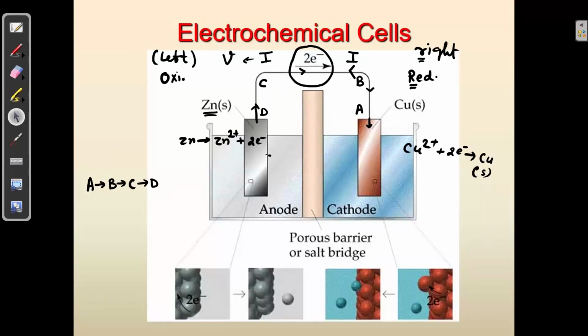How will the circuit get completed here in the liquid or aqueous state, which we call the electrolyte? Here ions flow. How do these ions flow? Here ions flow through this semi-permeable membrane, which we call an SPM.